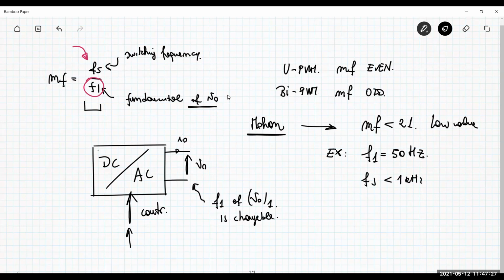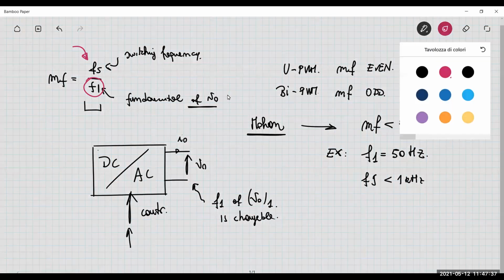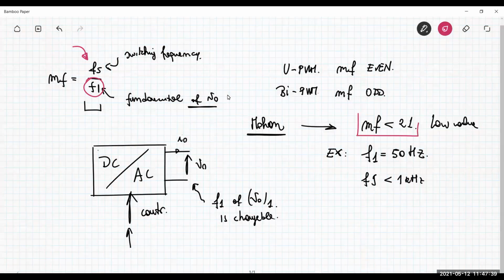So anytime you have a switching frequency which is less than 1 kilohertz and your output frequency of the inverter is in tens of hertz, you have this MF here, which is considered to be a low value in this discussion. But anytime you have an MF which is not very high, for example, let me consider 21 as indicated by Professor Mohan, this discussion can be generalized to low values of MF.